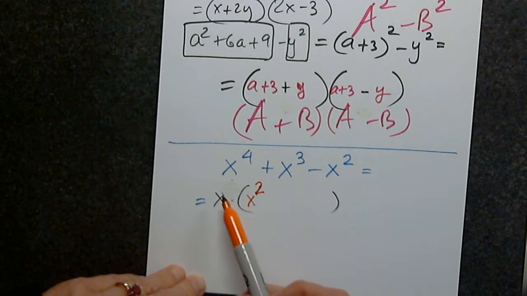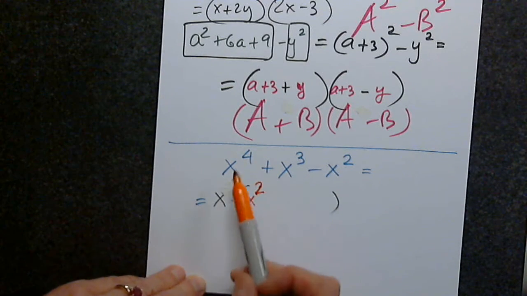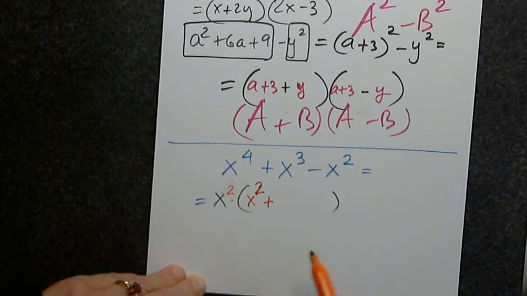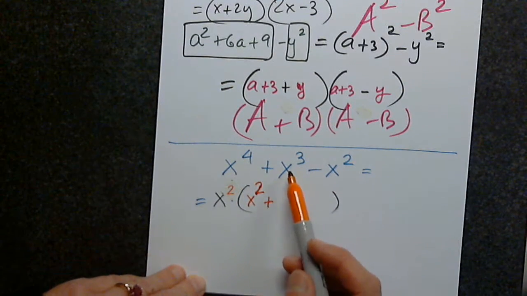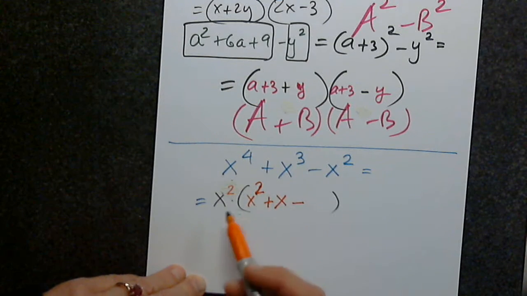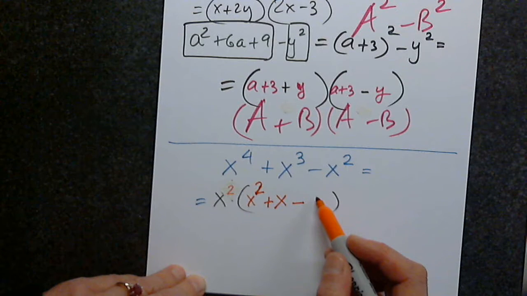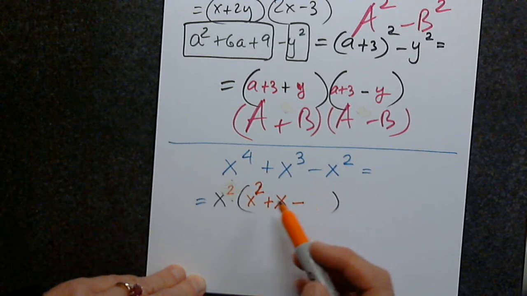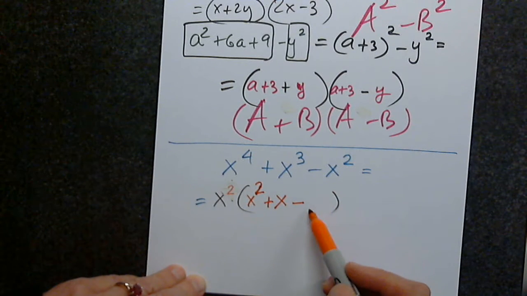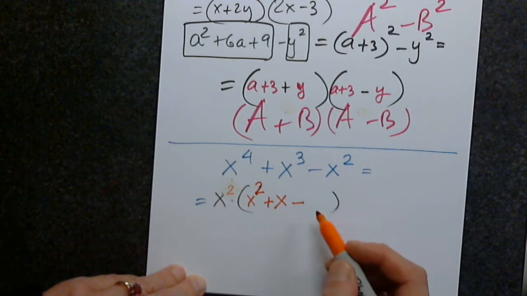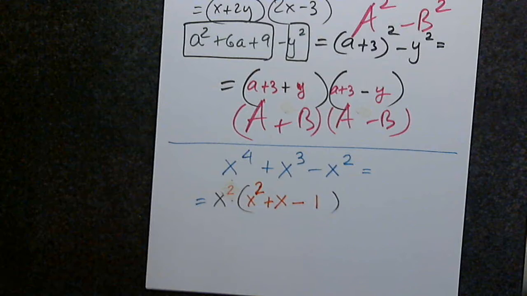So multiply, copy the base, add the exponents, plus x squared times what is x cubed? X. And minus x squared times what is negative x squared? Negative x. So if I put negative x, then I copy the base and add the exponents, and I will have 3. So -1. Exactly. Is this clear?